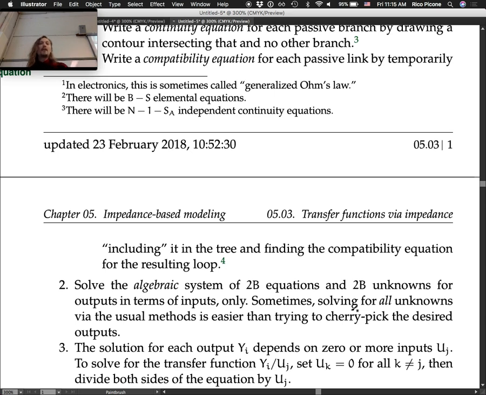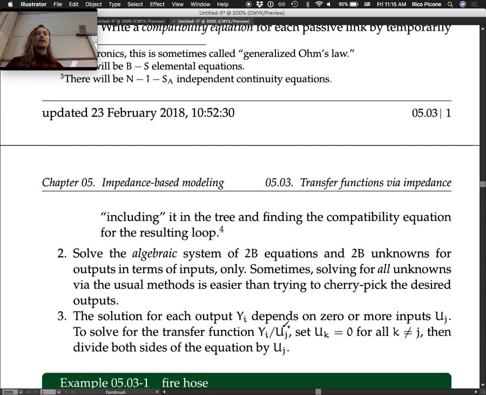Okay, and then that's the whole setup, and then what we're left with is to solve the algebraic equations, and here's a typo, it's 2B minus S equations and 2B minus S unknowns for outputs in terms of inputs only. I forgot that B we had defined as being branches in general, including source branches. So we have to subtract out the source branches, essentially. That's the part I forgot.